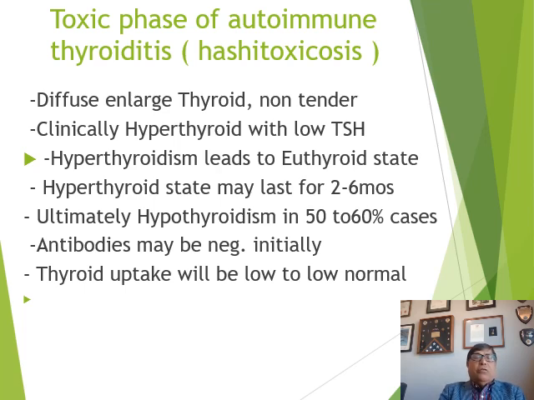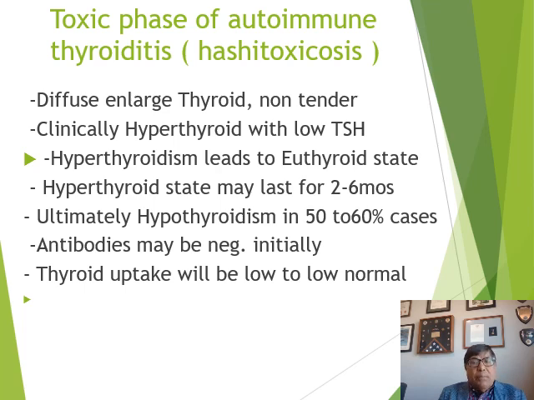Hyperthyroidism leads to a euthyroid state, which might take anywhere between 2 to 6 months, and I have seen some reports where it has gone up to 1 year. But typically in about 2 to 6 months, they become euthyroid and ultimately hypothyroid. Hypothyroidism occurs in 50 to 60% of the cases.